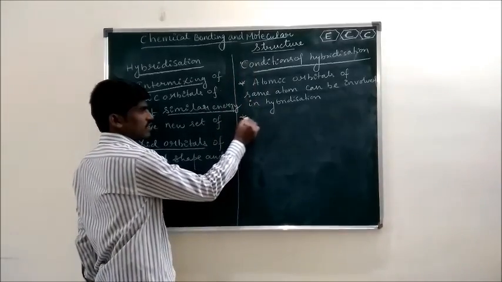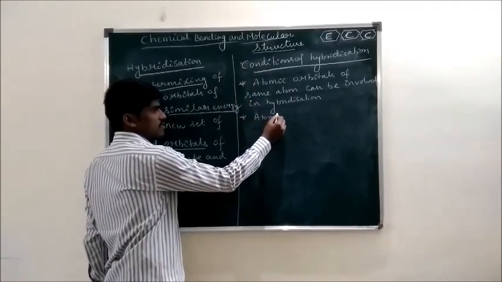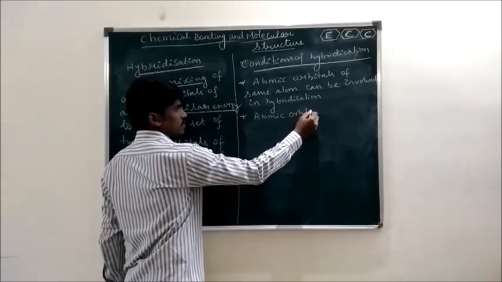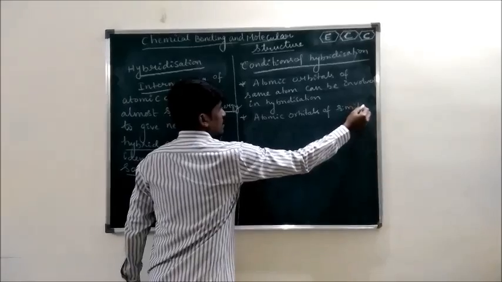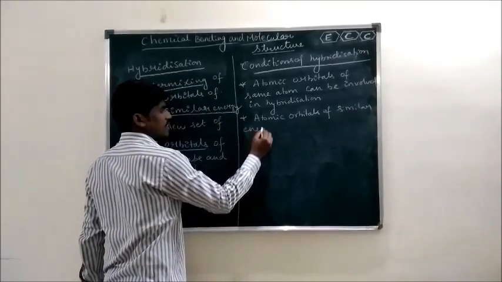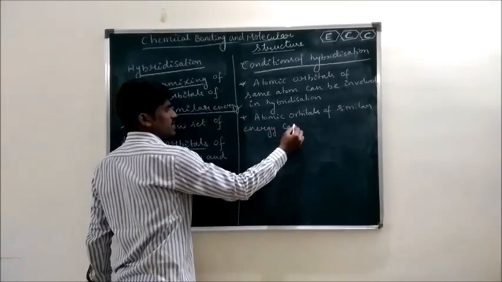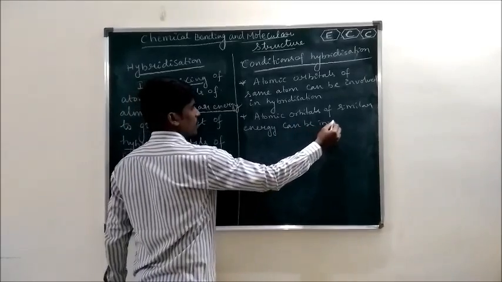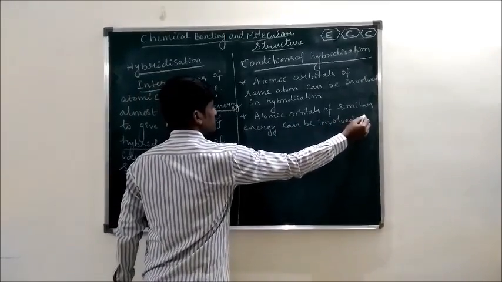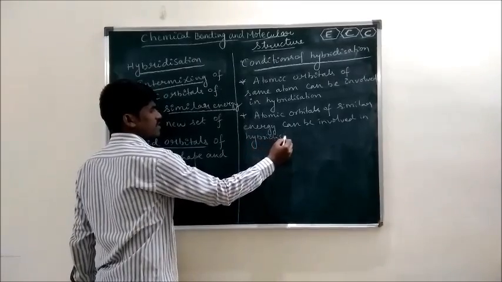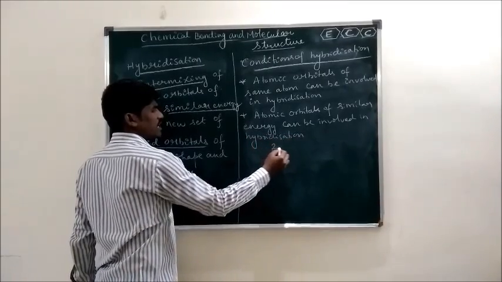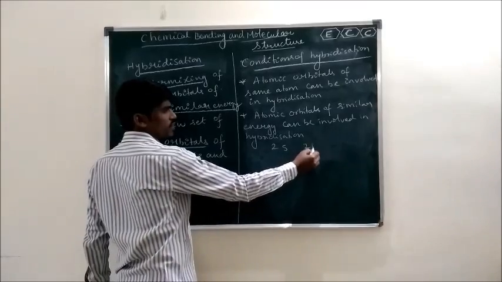Now the second condition: atomic orbitals of similar energy can be involved in hybridization. What does it mean? Let us say I have taken a 2s orbital and a 2p orbital.